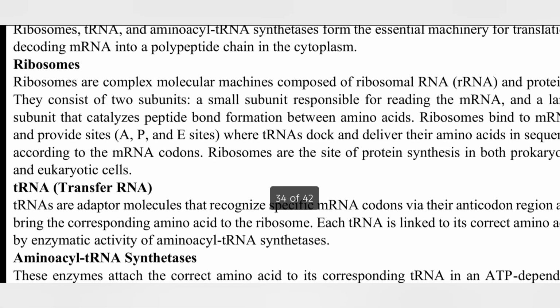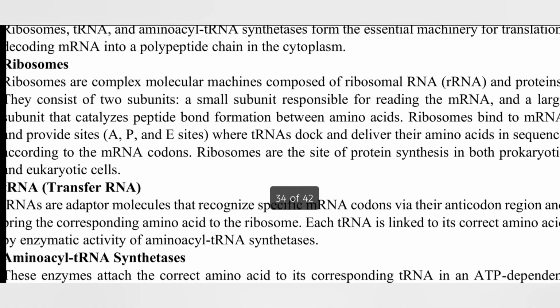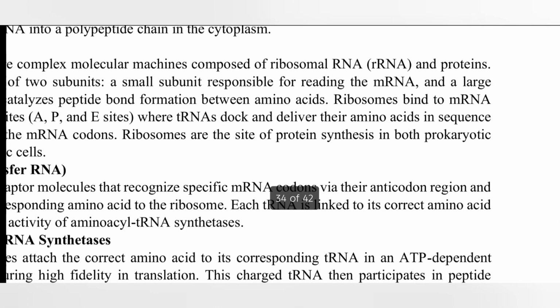As I already told you, in bacteria the ribosome has two subunits, a large subunit known as 50S, and a small subunit known as 30S. The small subunit is responsible for reading the messenger RNA, and the large subunit is responsible for making a peptide bond between the amino acids.